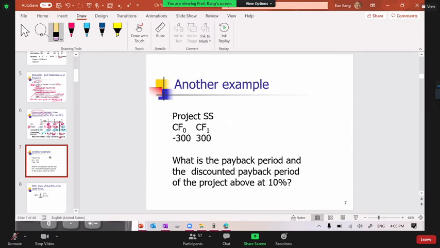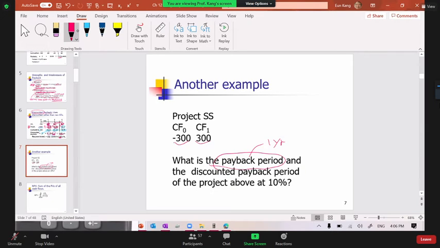Look at this one. What is the payback period? 1. Just you have minus 300 and 300, so just 1 year. Very short. Do you like this project?